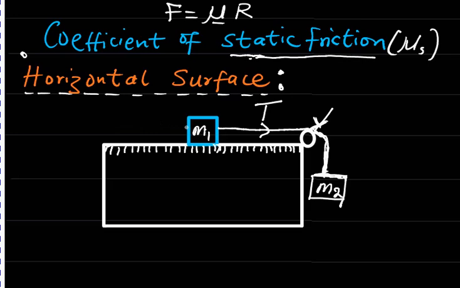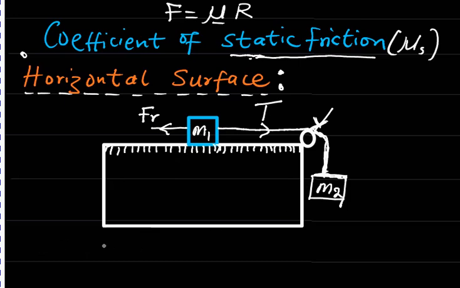Because the frictional force acting on this particular mass is equal to the tension on it. So invariably, we can say that this mass is at equilibrium. There's no movement because this is static frictional force. Remember, in static frictional force, the masses are at equilibrium.